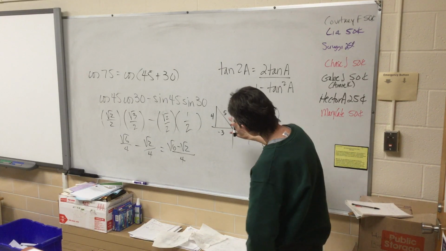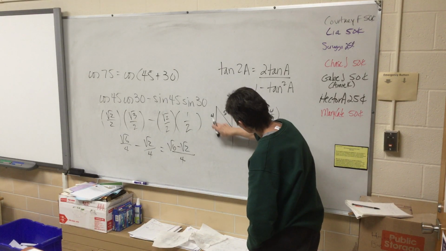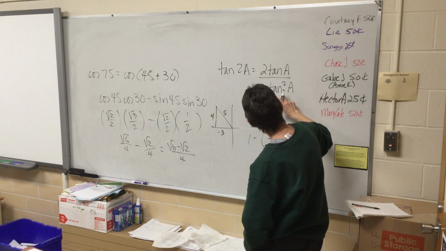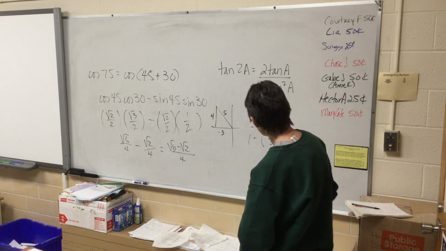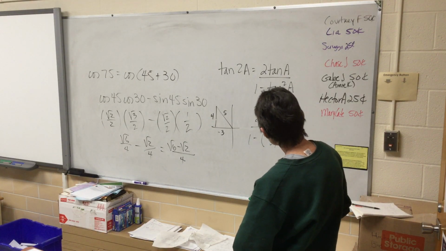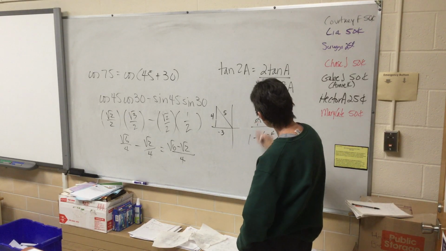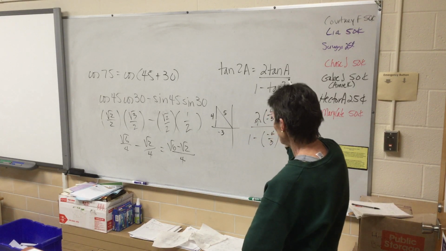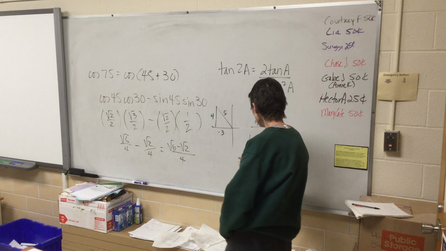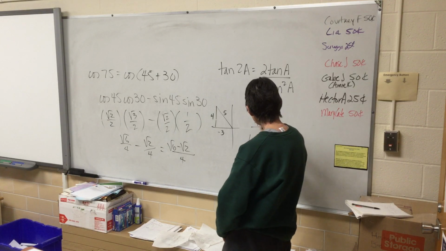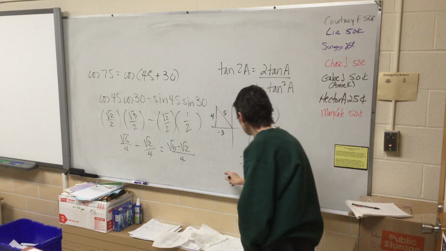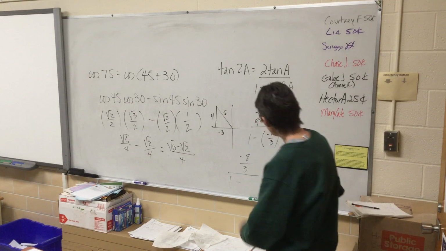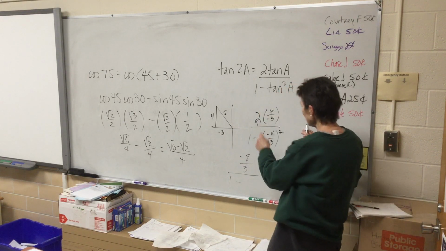So I'm just going to my picture. The tangent is opposite over adjacent, and I'm just plugging that into my formula. So on the top, I have 2 over 1 times 4 over negative 3, so that gives me negative 8/3, top times top, bottom times bottom. And again, do not get cancel happy.